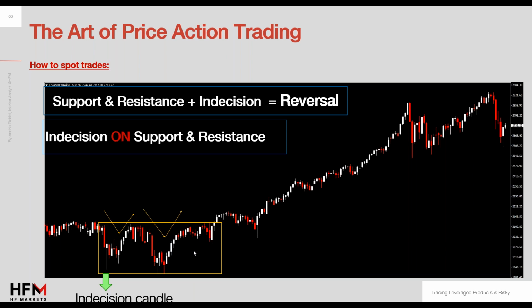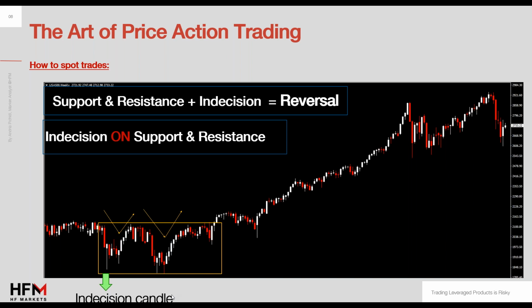This is indecision on support and resistance levels. Why am I saying that? Because you can see that it's moving sideways within the range, failing to extend below support and failing to extend above resistance.